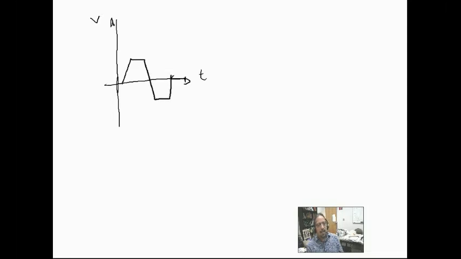The second construction we're interested in graphs is the reverse process. So you have a velocity graph with respect to time, and let us draw something here. And I want to know the displacement.